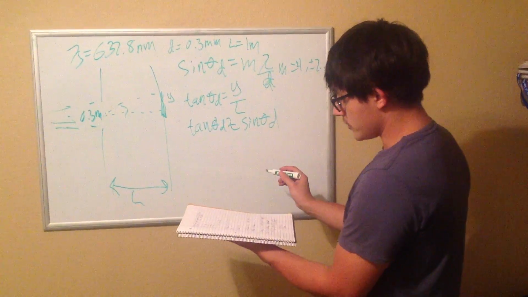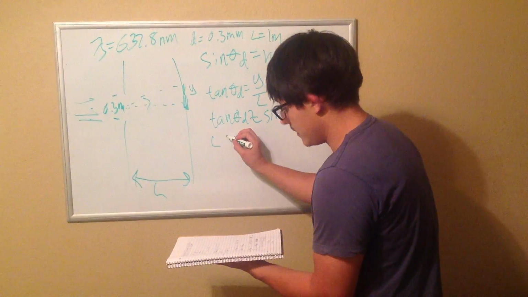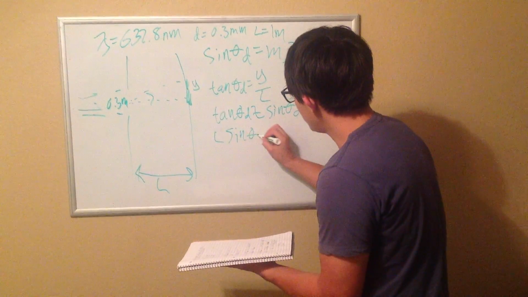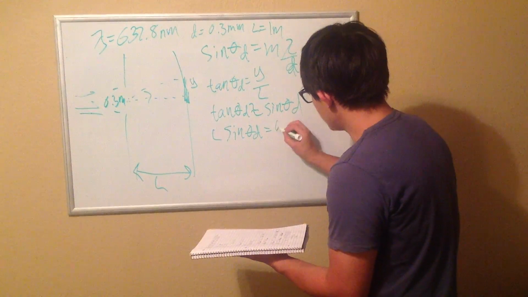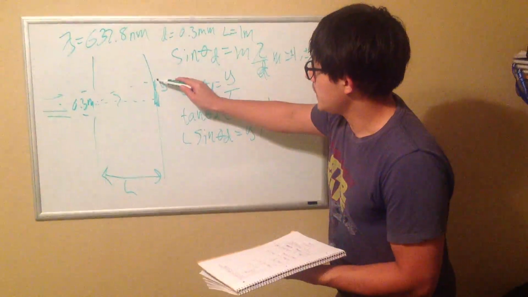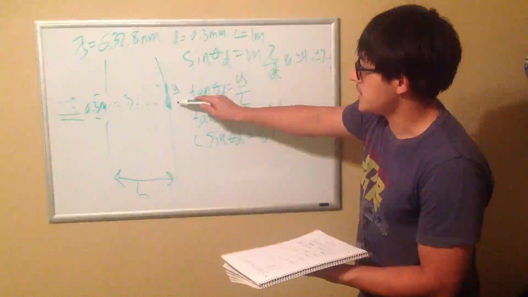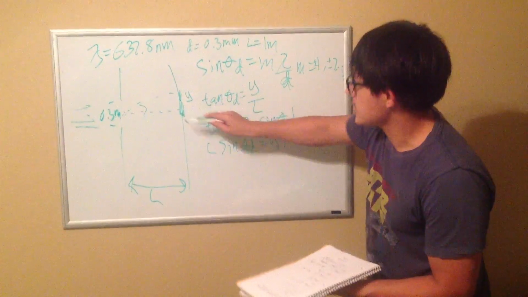So ultimately, once we plug this in here, we're going to get that the length times sine theta dark is equal to y1. Now, we want the distance from here to here, so we're going to take the absolute value and multiply that by 2, which is the same thing as adding this component and this component.